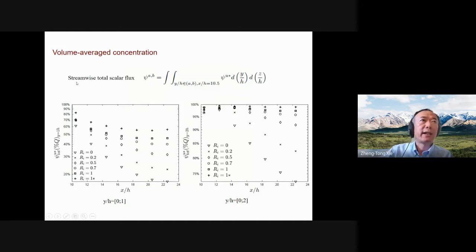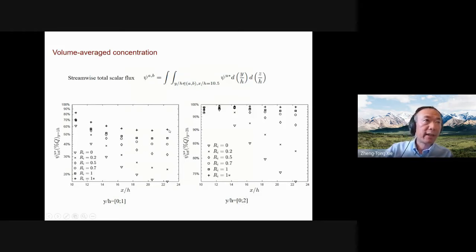And this is the streamwise total flux. This is the flux across the vertical plane within the canopy. And this is the flux across the vertical plane from the ground to 2H.